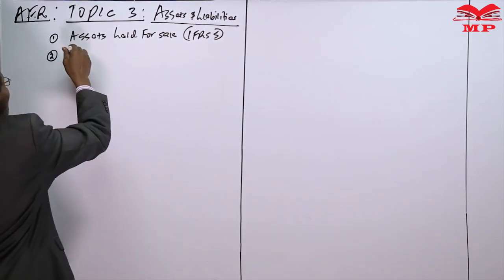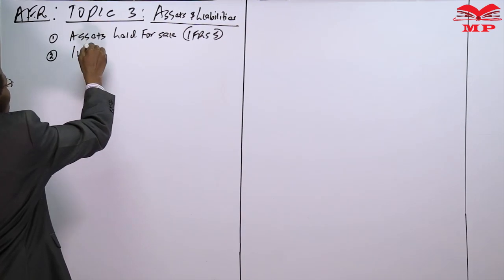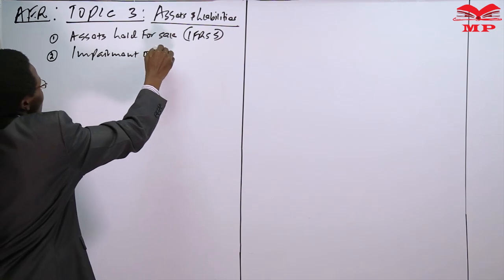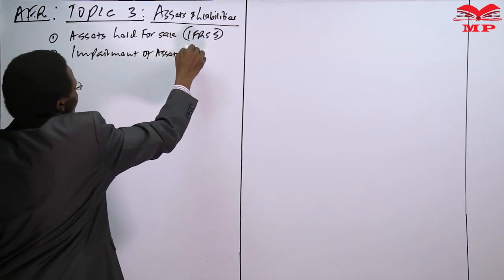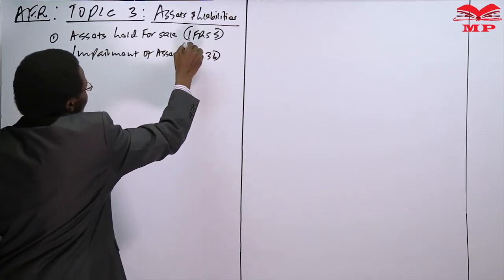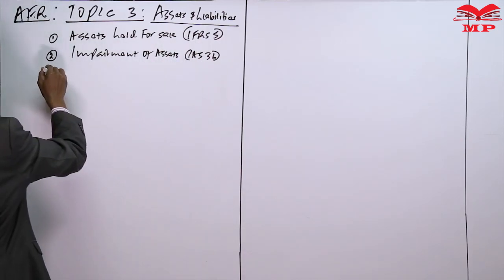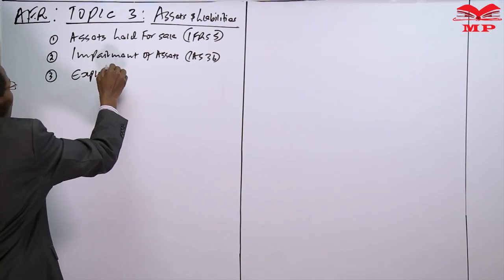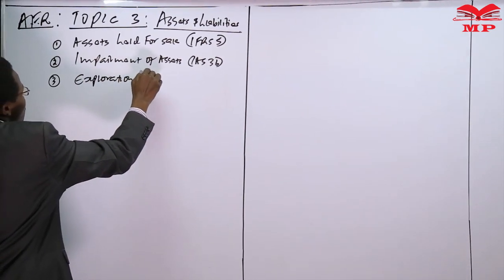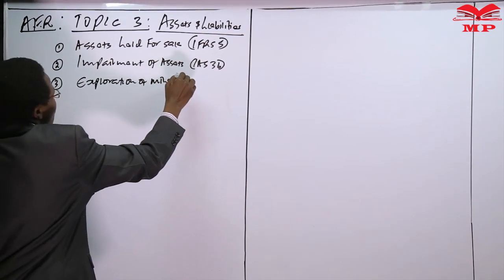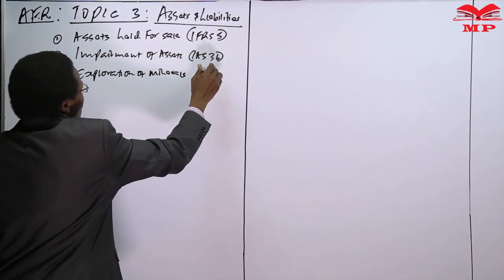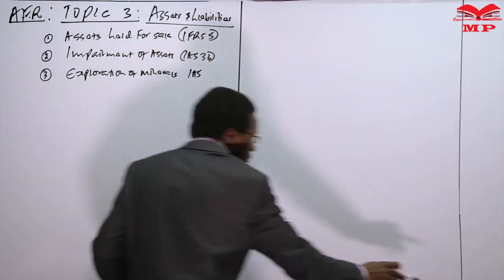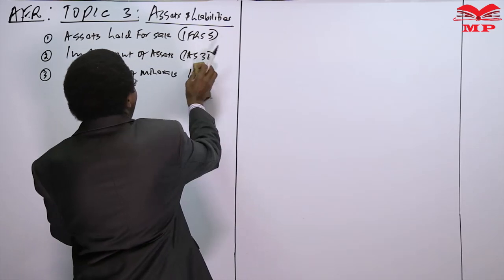apart from assets and liabilities, we have impairment of assets. Impairment of assets, that is IAS 36. We also want to deal with the exploration of minerals. That is IFRS 6.